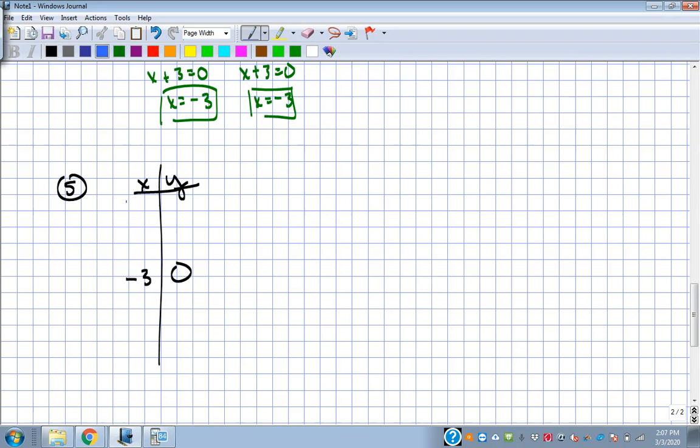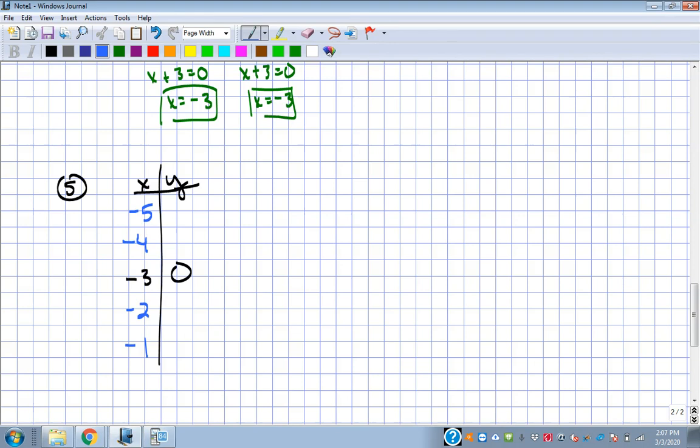I'm going to pick two x values to the left of -3, so that'd be -4 and -5. And then two to the right would be -2 and -1. All I did was subtract 1 to go to the left, add 1 to go to the right.